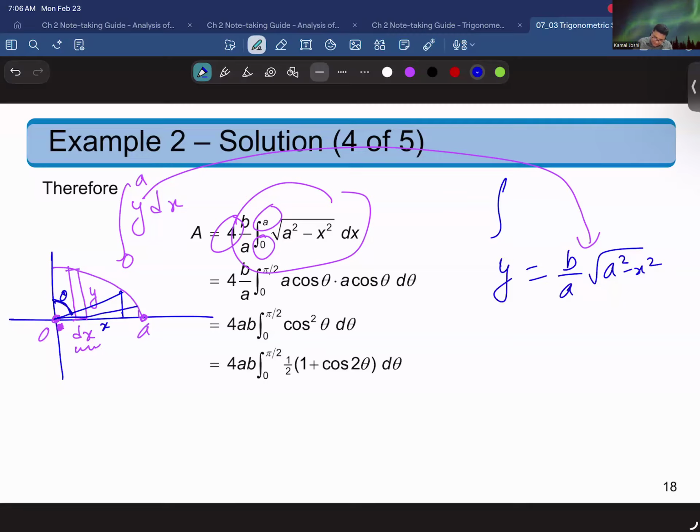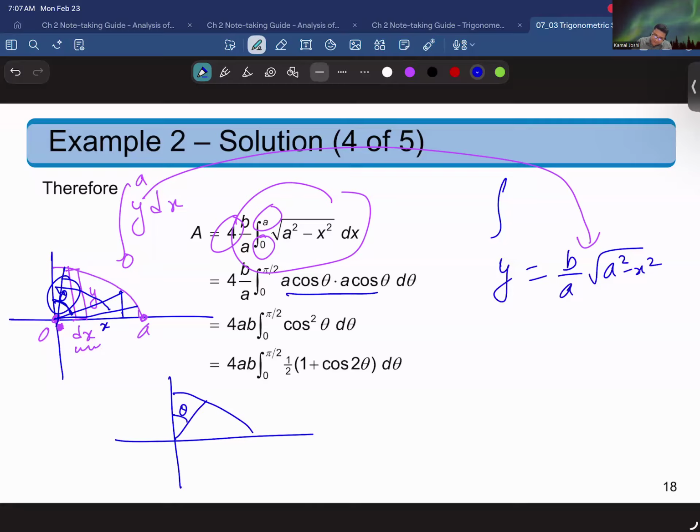And when it increases, the theta increases. So when x is closer to 0, theta is 0, and when x is closer to a, theta is closer to pi over 2. So the angle theta in our case is not the angle with the x-axis, but the angle made with the y-axis. Anyway, I was just trying to get conceptual clarity of what substitution we are doing.